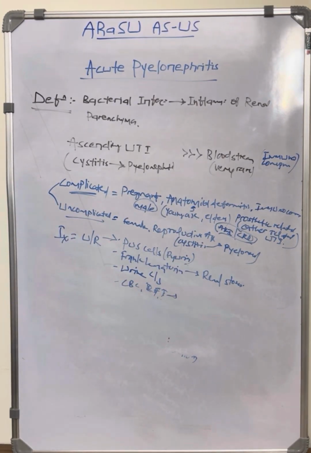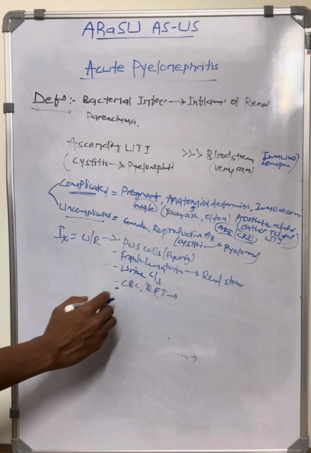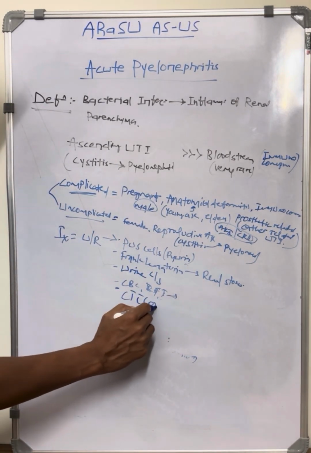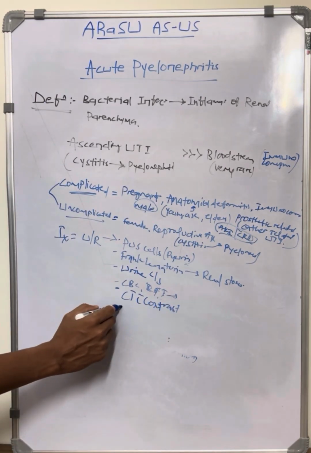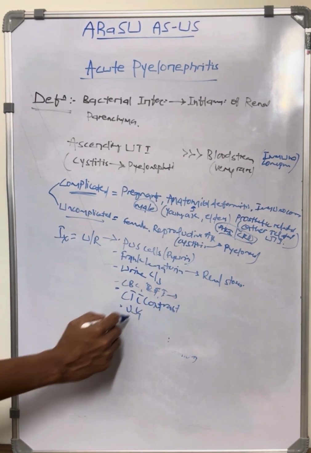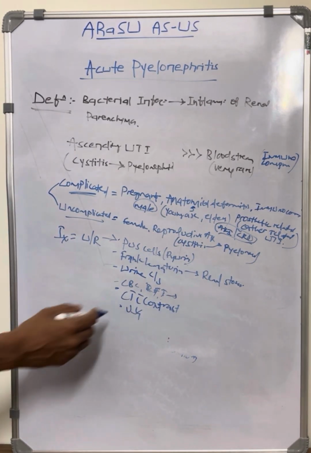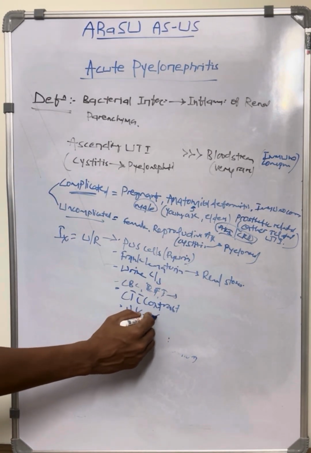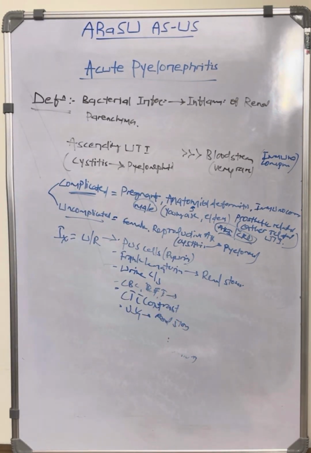When it comes to imaging, CT with contrast is the investigation of choice. But few will prefer USG also. The thing is, the majority of the findings will not be visualized easily on USG, especially renal stones.